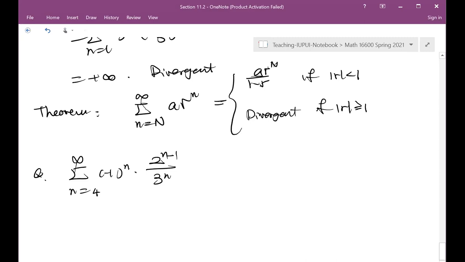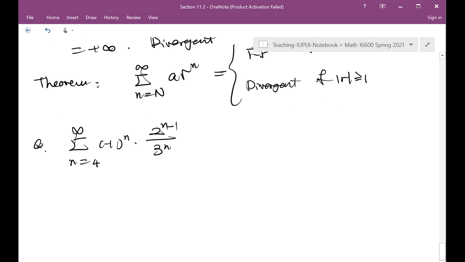Okay, I hope you already figured out how to do it. Let's try. I don't need to change the A. So n starts from 4. I think 2 to the power n is going to be 1 over 2 here. Here's negative n, here's 2 to the n, 3 to the n. So now I have n and n, the same power.